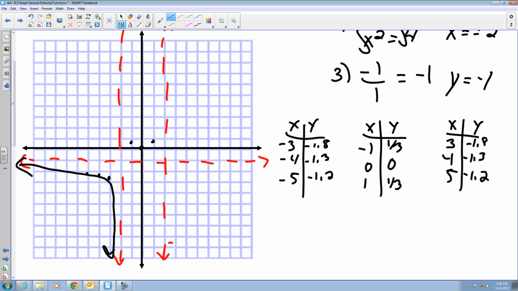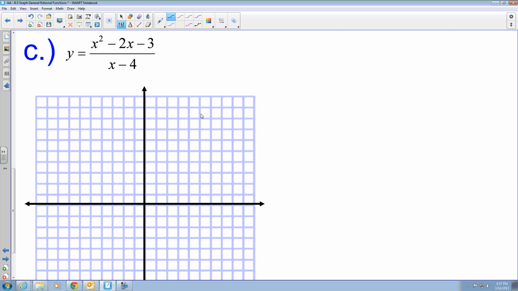So it looks something kind of like this. And then the last one I have 3, negative 4, and it looks something kind of like this. So that's kind of what the graph looks like when you're dealing with the different asymptotes.